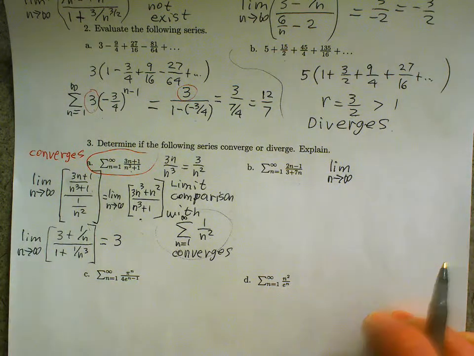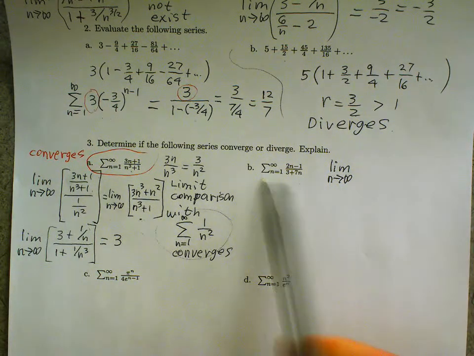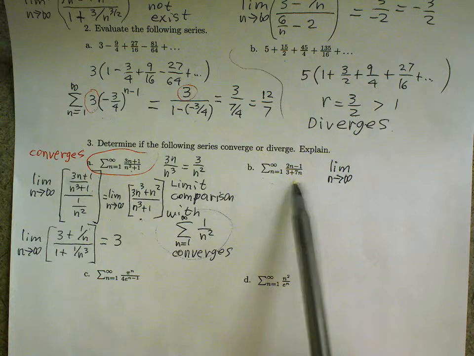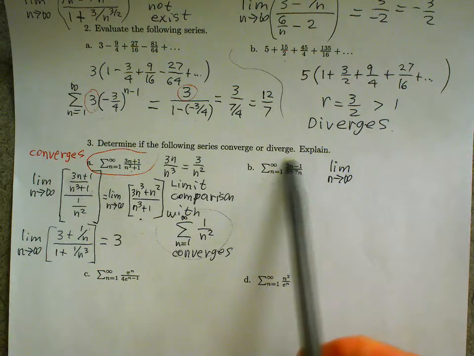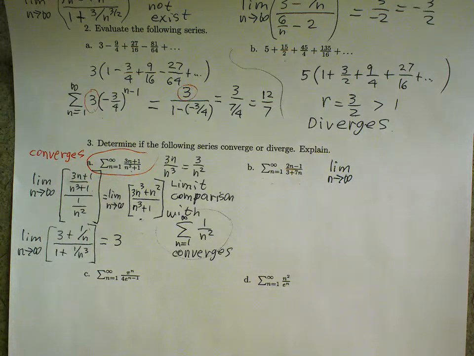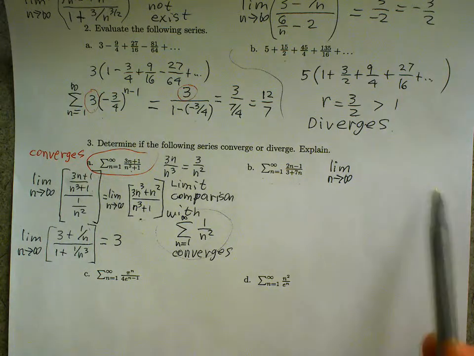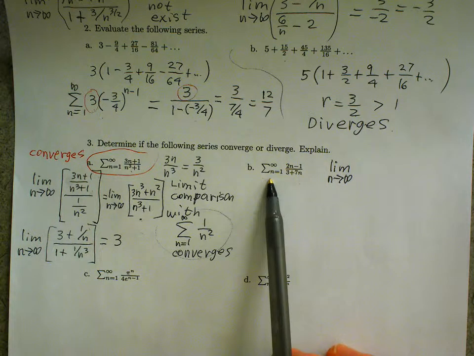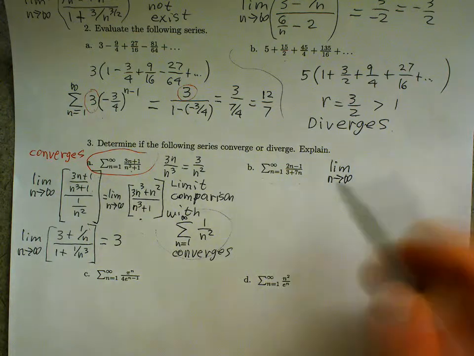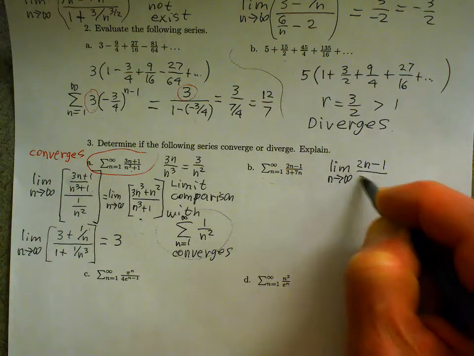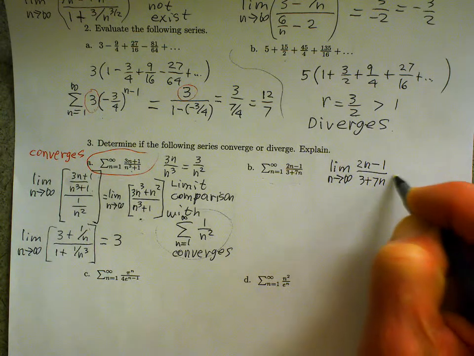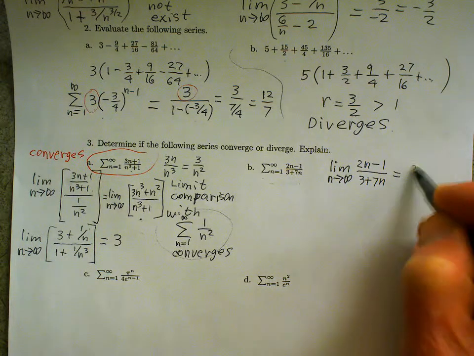So in general, if you're testing a series, if you can tell just by looking that the limit of the terms is non-zero or doesn't exist, then the series diverges by the test for divergence. So the limit of 2n minus 1 over 3 plus 7n is equal to 2/7.